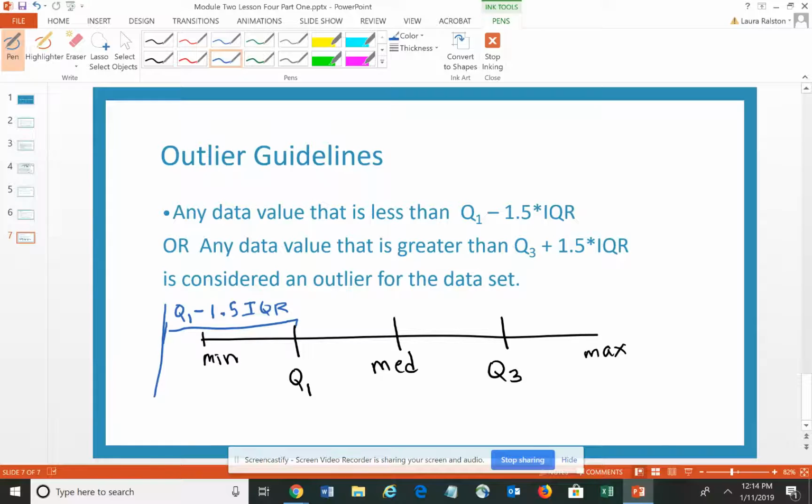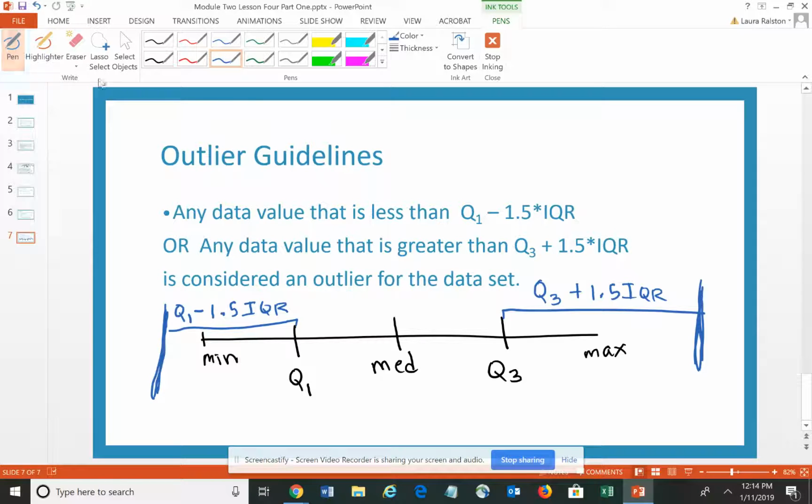And that value creates like this fence post or this cutoff value. You also have that same option on the high end. You go Q3 plus 1.5 times the IQR. And again, you have that fence post, if you will, created.